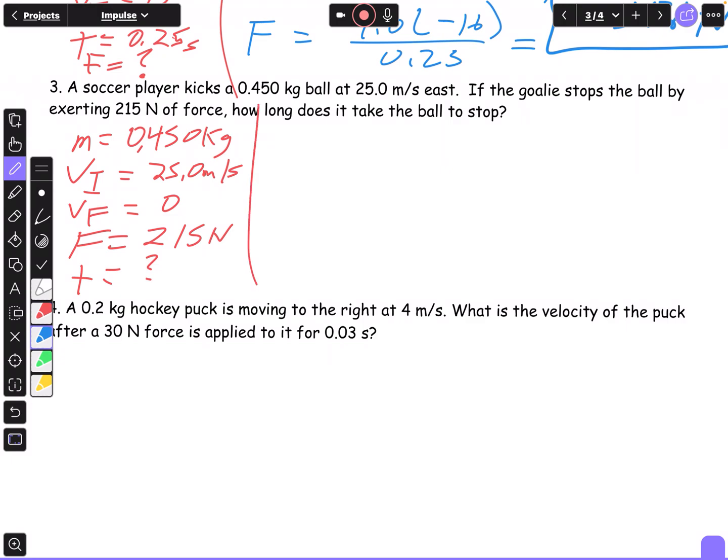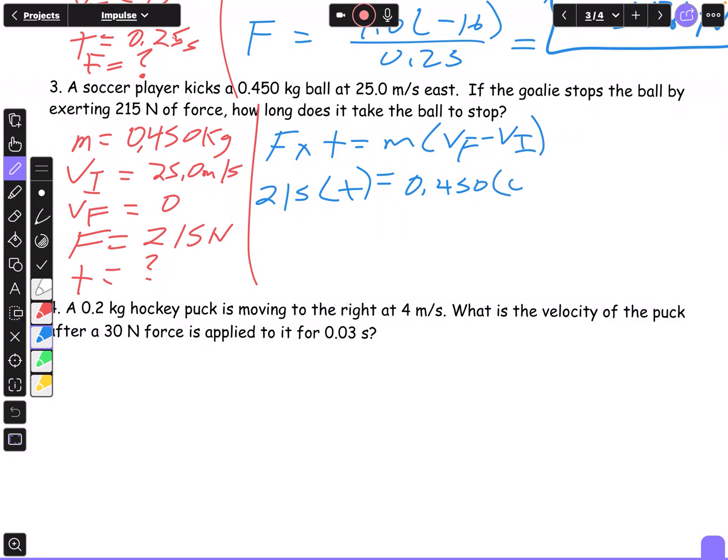My equation, the only one I can use, is this one: F times T is equal to M times Vf minus Vi. Plug in my numbers, that would be 250 times time is equal to 0.450 times final velocity 0 minus initial 25.0.